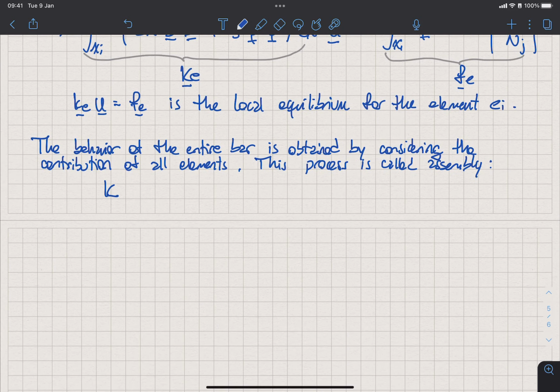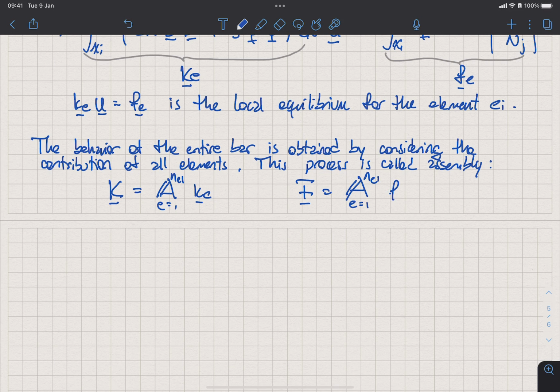So what we say is that uppercase K, which is the global stiffness matrix, is going to be obtained, and I'm not going to use a sum. Some people use a sum, but I'm going to use a different symbol, with lowercase k^e. If I use e to denote the element, I'm going to use e as the index as well. And then the global force vector is going to be obtained as the assembly of the contributions of all local force vectors, F^e.